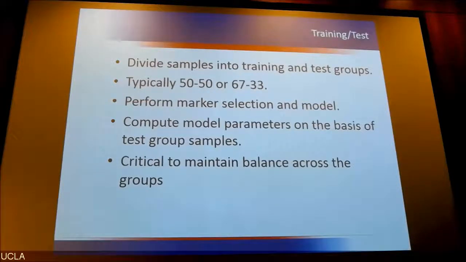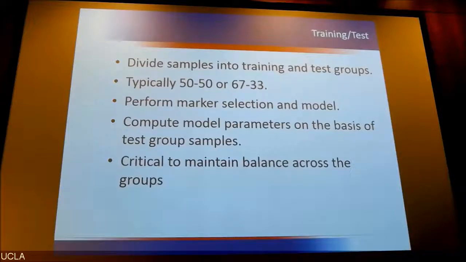Then we perform the marker selection and the model building within the training set. We compute all the model-based parameters. But then when we want to look at the utility of the model, all of those are computed only on the test set. So we lock down the algorithm on the training set, apply it directly to the test set subjects, and then we can compute the area under the curve, the sensitivity and specificity, and things like that.